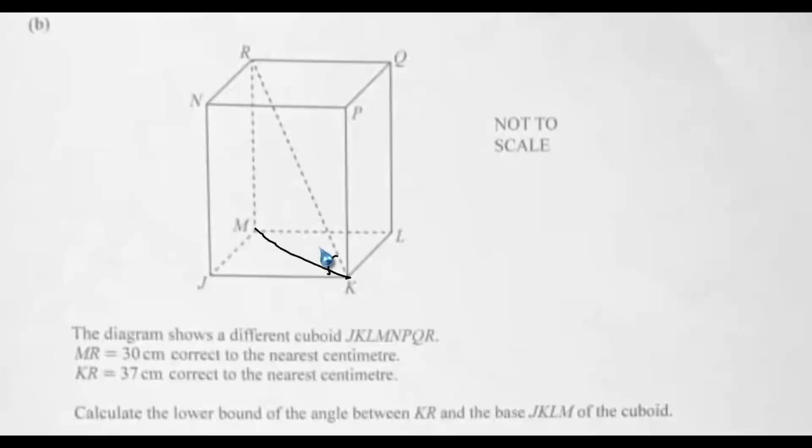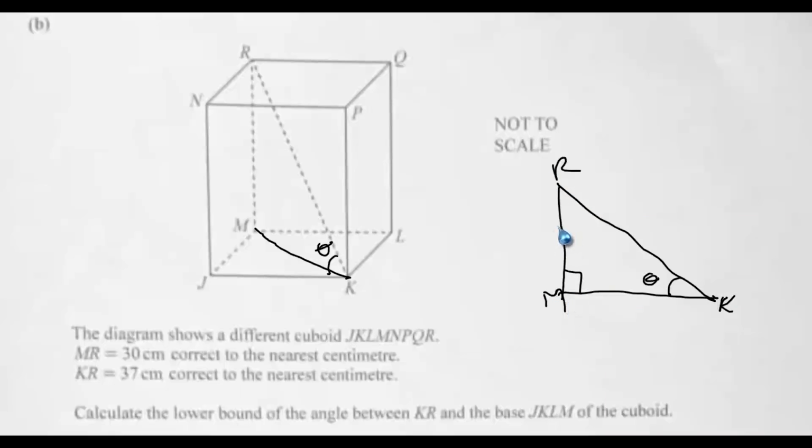So let's call it theta. So I can draw out the diagram. I have a right angle triangle like this. So this is angle 90 degrees. So theta is here. Then I have K here, then R is here, then M is here.